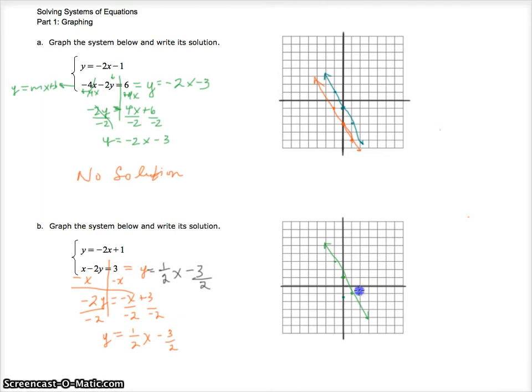So that point will be right here. So then we can measure the same to make our line like this. And then we'll have a line going through about 1, negative 1. And so my solution here is 1 comma negative 1.